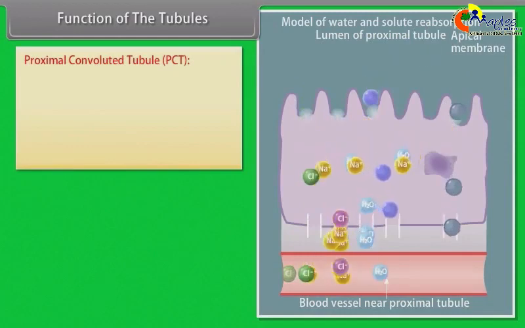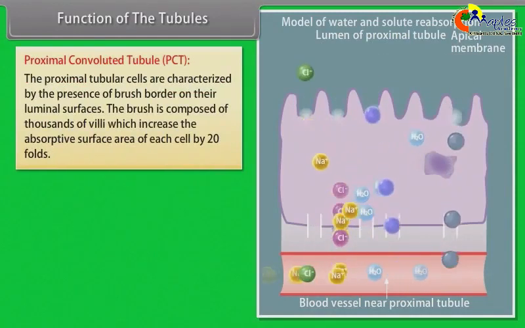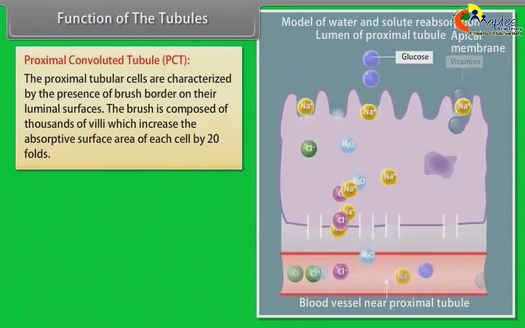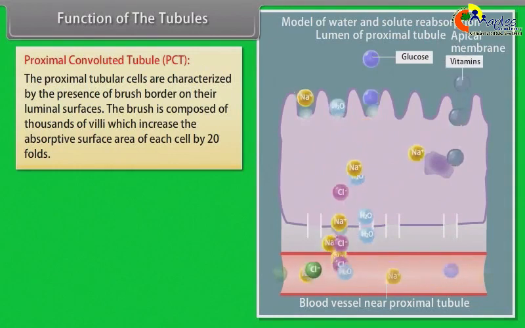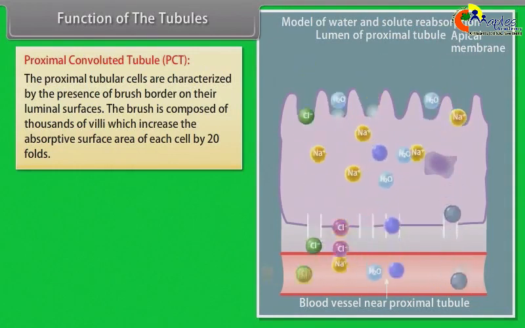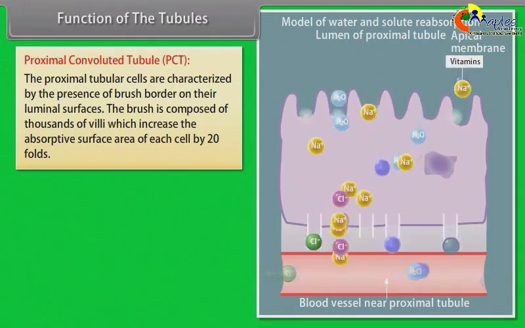Function of the tubules. Proximal convoluted tubule PCT. The proximal tubular cells are characterized by the presence of brush border on their luminal surfaces. The brush border is composed of thousands of villi, which increase the absorptive surface area of each cell by 20 folds.